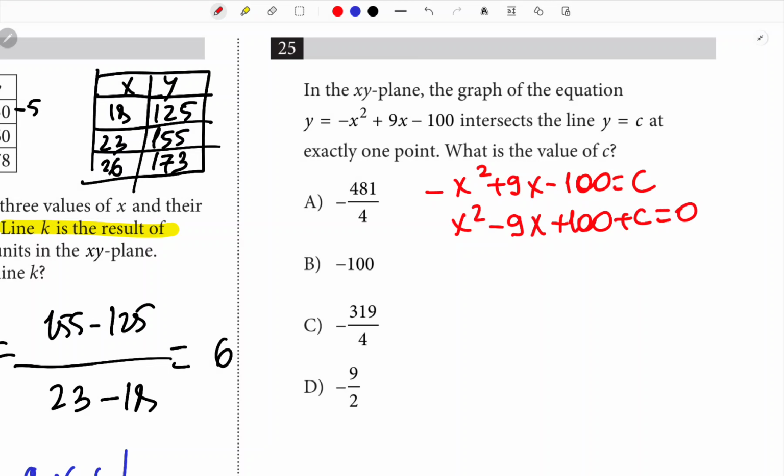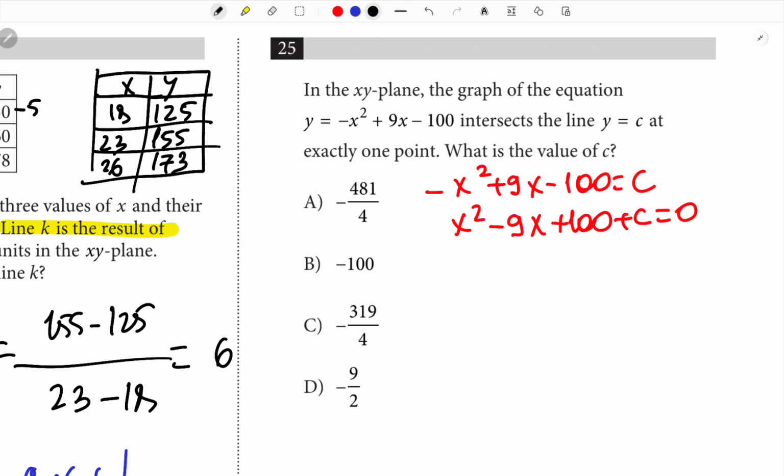So here a is equal to 1, b is equal to negative 9, c is equal to negative 100 plus c. And you write here is equal to 0.